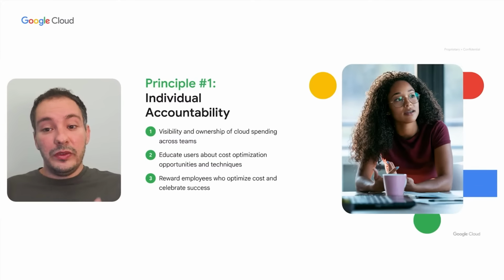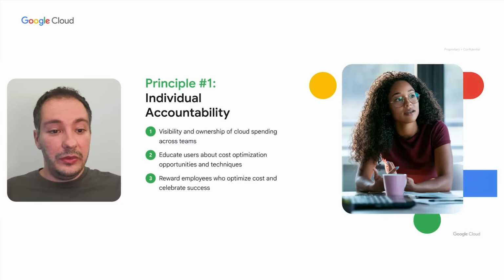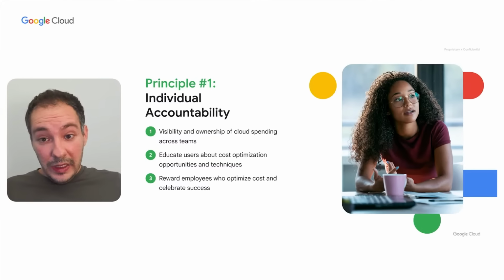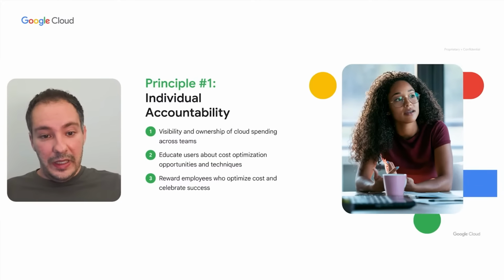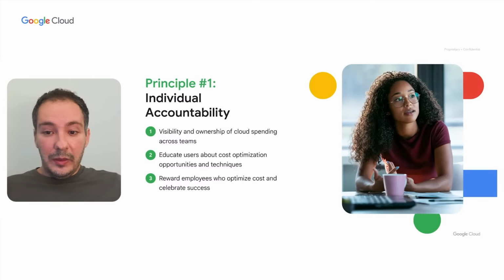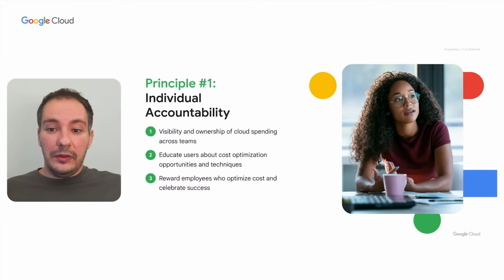The ownership of the cloud spend needs to be visible between different users and different areas. You need to educate the users about the importance of cloud optimization and cloud FinOps. Because cloud is really good, you have everything available, but you're going to pay for your usage. So you have to consider how to use the best strategy. And maybe reward your employees who optimize the costs.